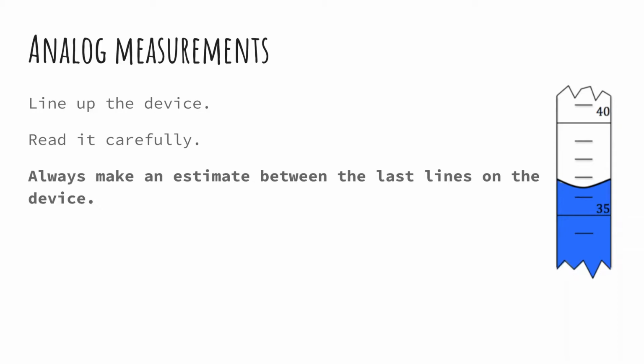If you just recorded 36 or 37, you wouldn't be getting the full utility of the device. You wouldn't be getting as good a measurement as you could. Once again, there's still some uncertainty. Your measurement isn't perfect, the device isn't perfect, your estimate isn't perfect, but you should get that estimate. Get that last decimal place. It really helps.